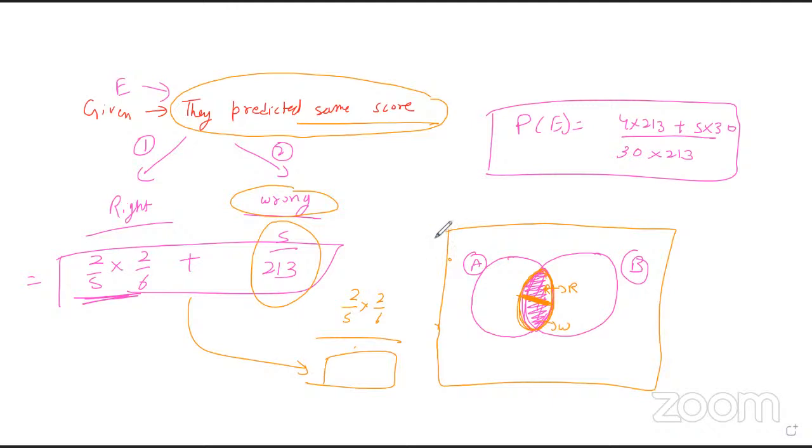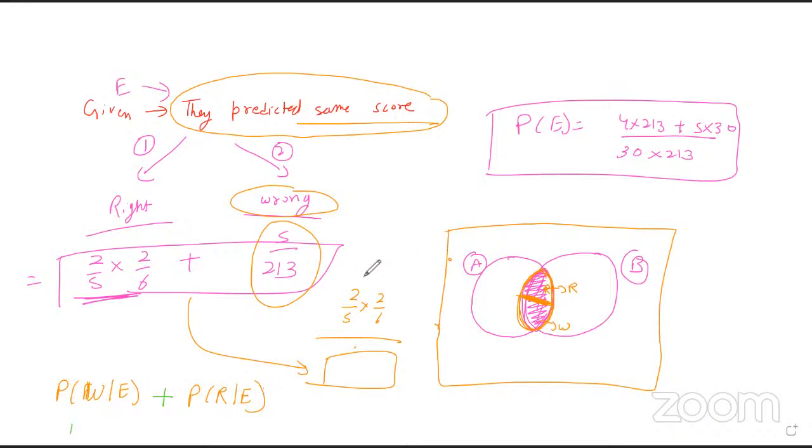The probability of them getting it wrong and the same score is 5/213, and the probability of the same score and right is 2/5 into 2/6. If you add both of them, you get the probability that they got the same score.